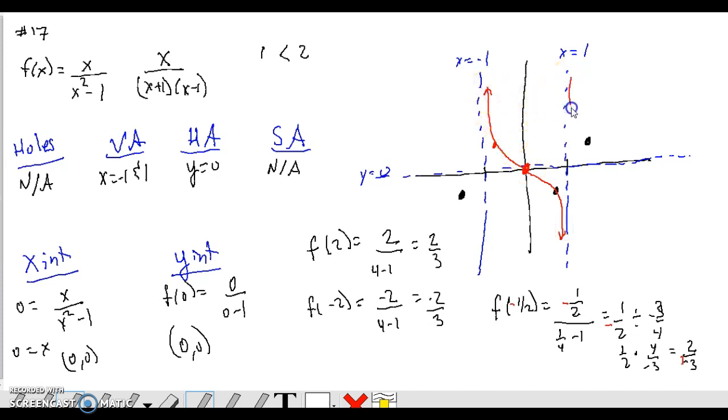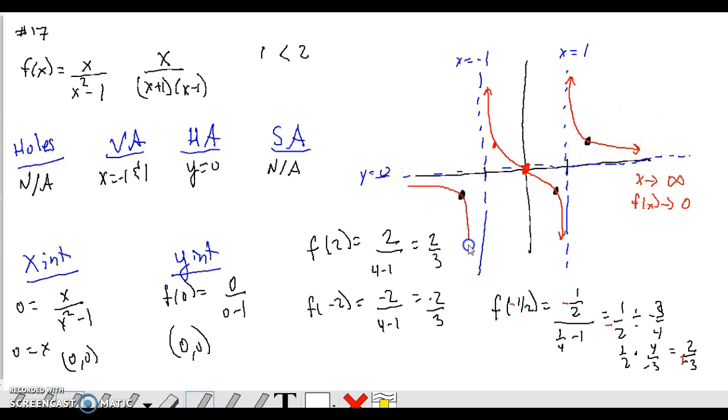And then this graph should be focusing on these asymptotes. So as x is approaching positive infinity, your output is approaching 0. Okay, that's what the end behavior looks like over here.